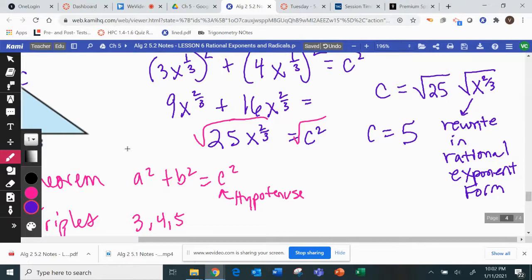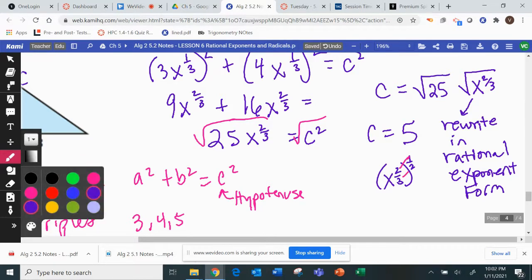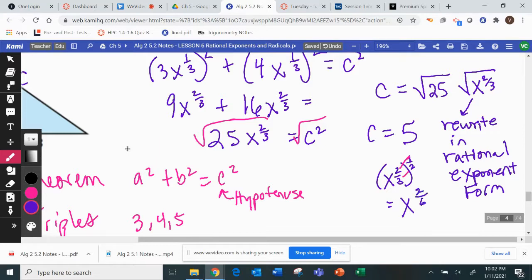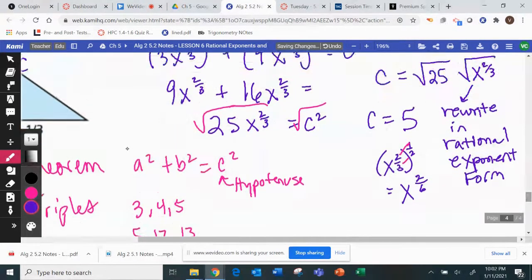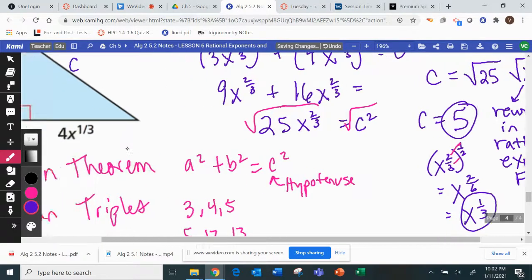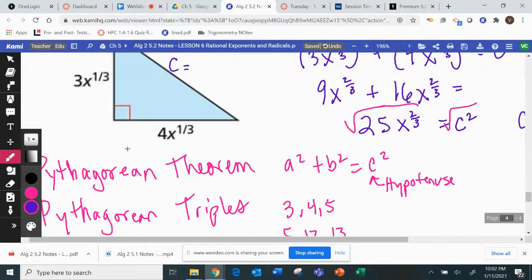So I will get x to the 2/3, and then the square root of that is to the 1/2. Now I'm going to multiply my exponents together, and I get x to the 2/6, and then I'm going to reduce that, so I get x to the 1/3. So 5x to the 1/3 is our hypotenuse.